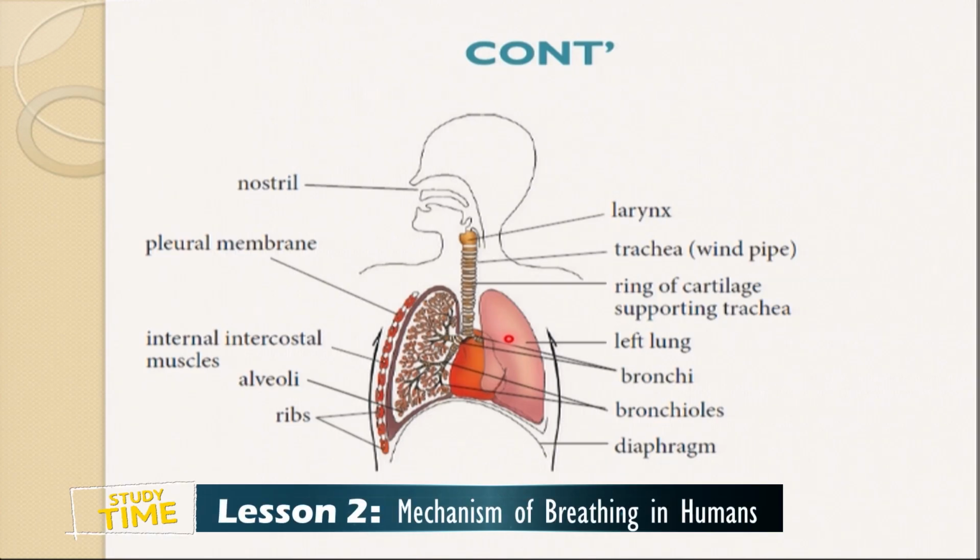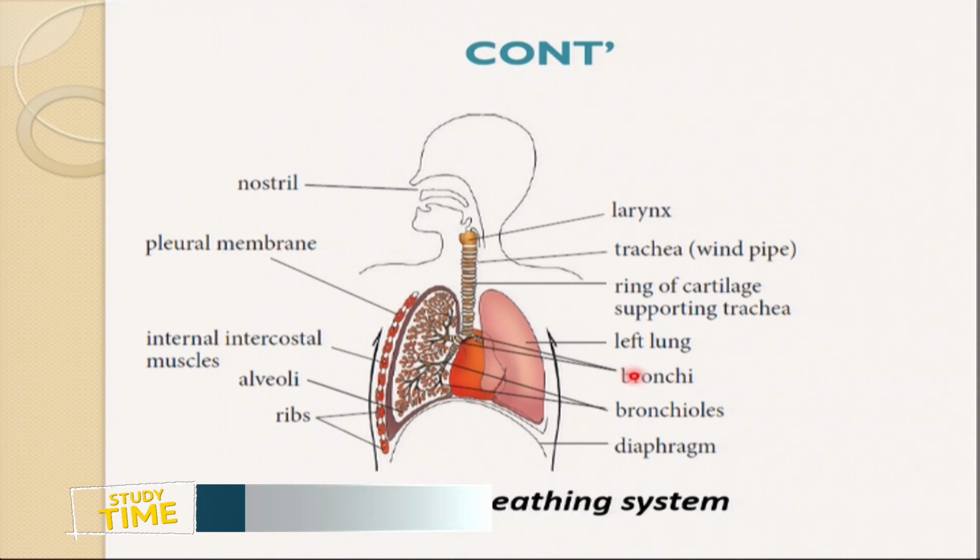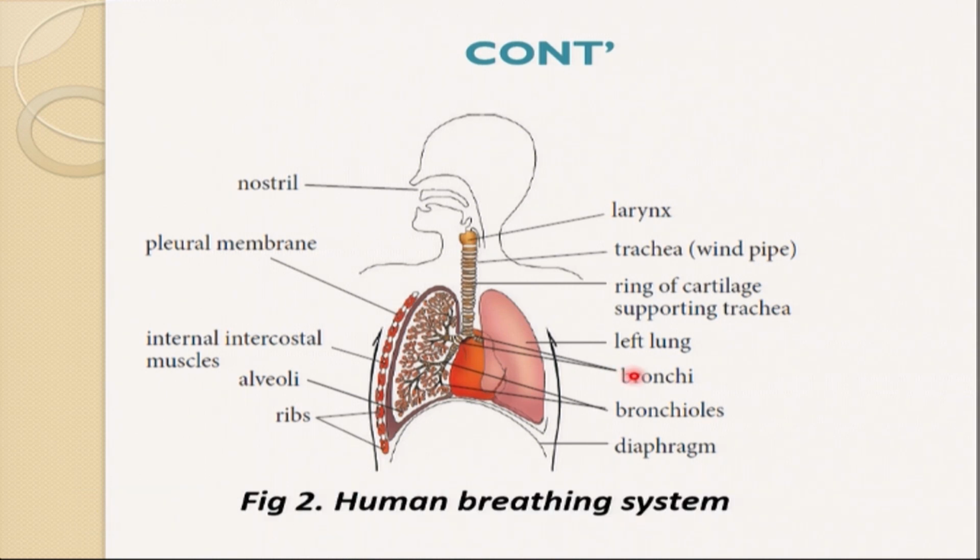So we have the bronchi. The bronchi branch into the bronchioles, and the bronchioles branch into the alveoli. We have the ribs, not rims, we talk about ribs. These are called ribs.